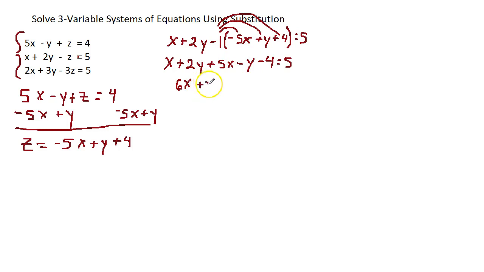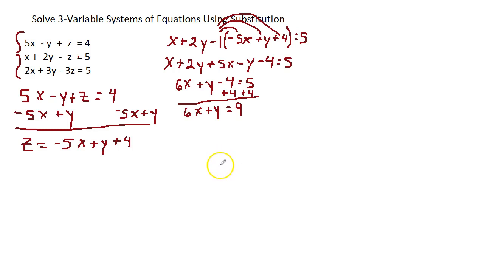So plus y minus 4 equals 5. I'm going to add 4 to both sides. So I'm left with 6x plus y equals 5 plus 4 makes 9.